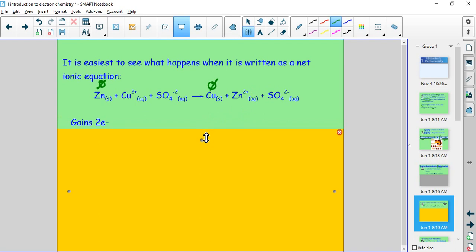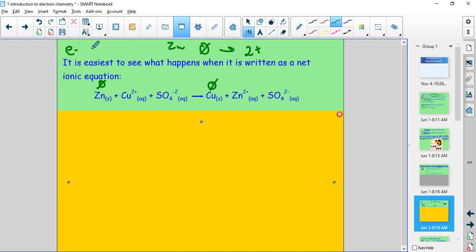So then we see how these have changed. Let's focus on zinc first. Zinc has gone from a 0 charge to a positive 2 charge. Now we know that electrons carry a negative 1 charge. This is the part that can sometimes get a little bit confusing.